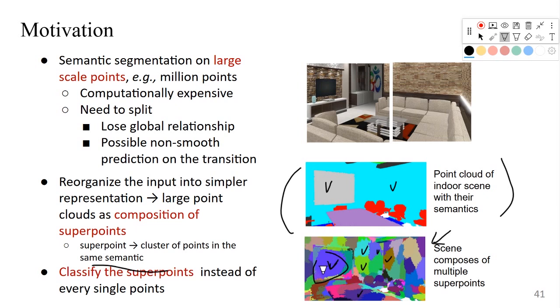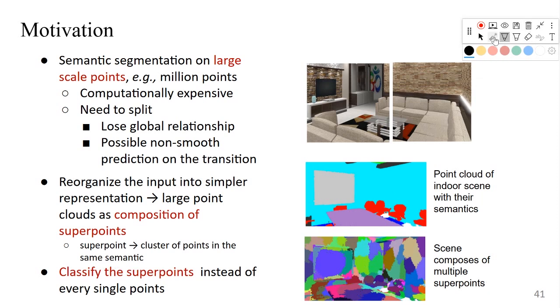For example, if we have 1 million points, we want a few superpoints, in this case something like 1000. If we can have fewer than this number, it will be even better. You got the idea: these two properties are homogeneity and a small number of superpoints.